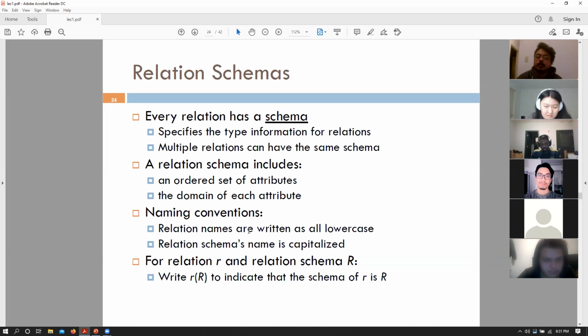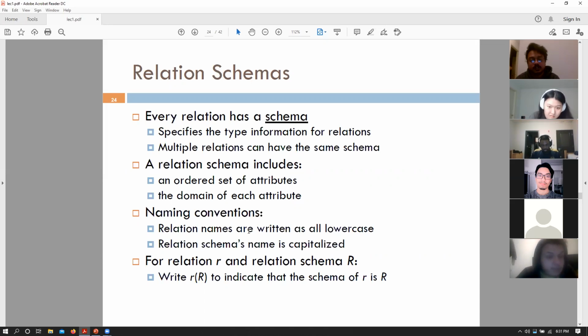A relation schema is basically comprised of two things: an ordered set of attributes and the domain of those individual attributes, right? So what are the names of my attributes and what are the types of those attributes? Basically, those two things. For naming conventions, usually relations are always written as lowercase letters.